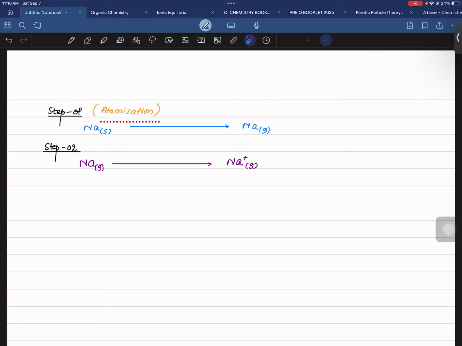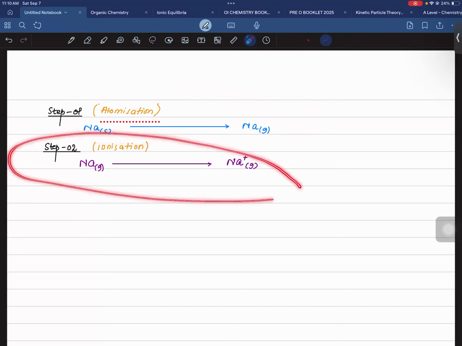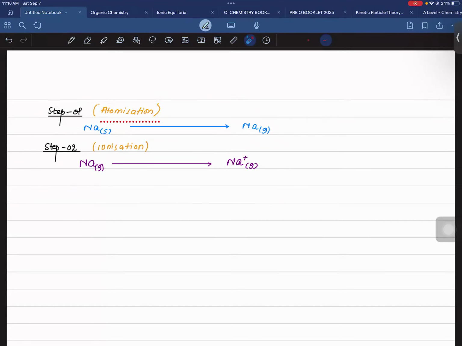Can you tell me what is the name of this process? Yes, exactly, this is ionization. Now, can anyone tell me, is this exothermic or endothermic? And also this, exothermic or endothermic?